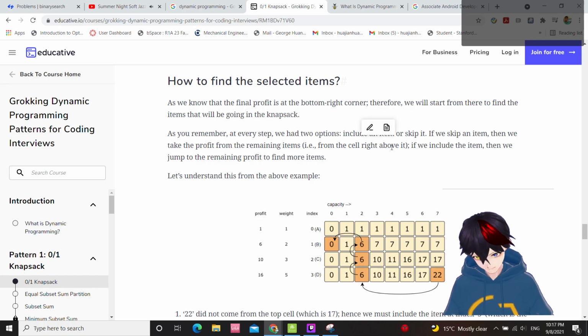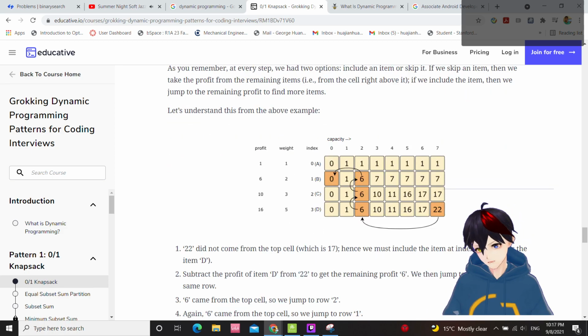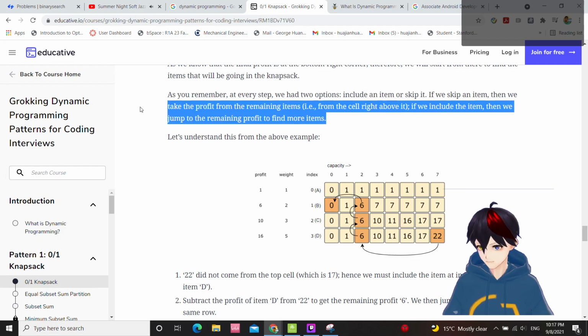Like what items do you... Let's go item, then we take the profits from the remaining items. This doesn't make sense.